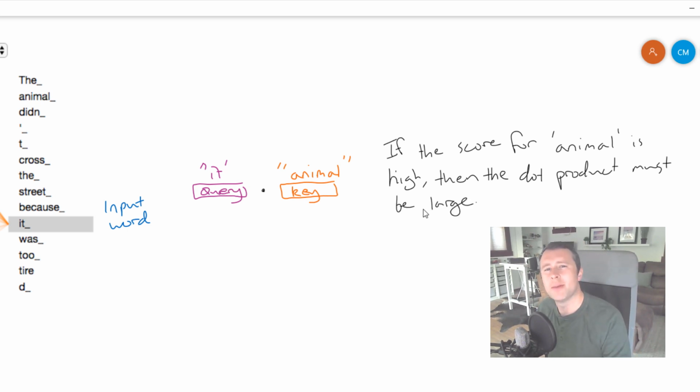So let's look at what the dot product actually is and see if we can infer anything about the nature of these vectors from the definition. The dot product between two vectors A and B is given by the magnitude of A times the magnitude of B times the cosine of the angle between them.